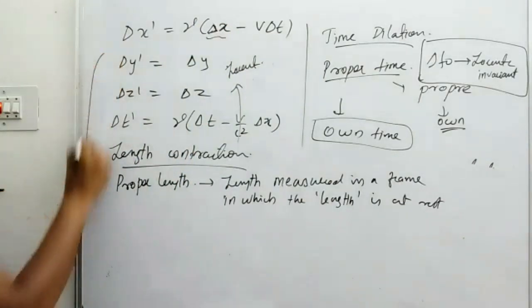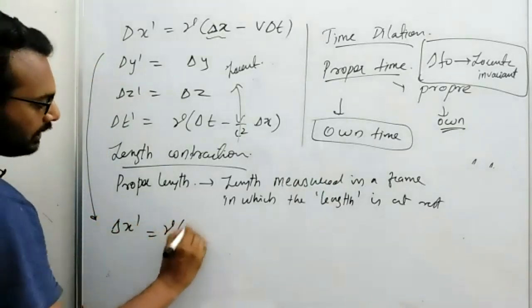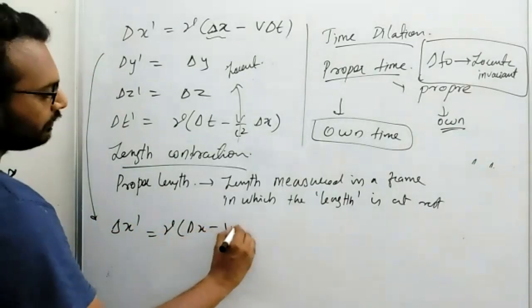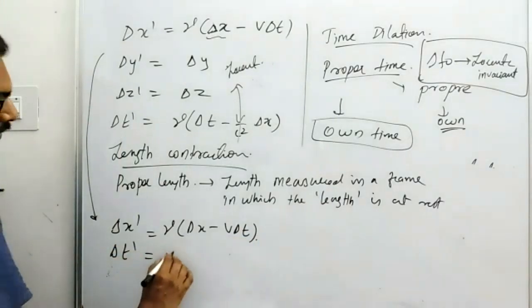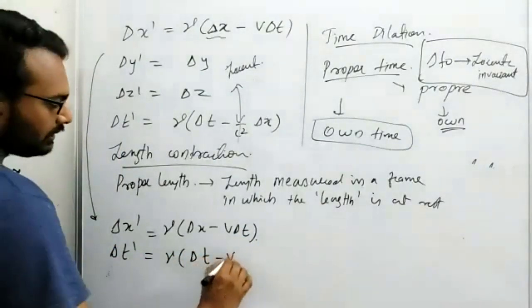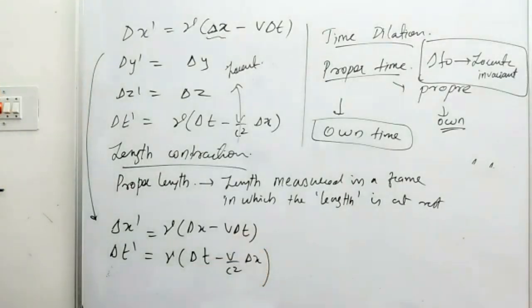Let's look at these equations. Delta x prime is equal to gamma times delta x minus v delta t, and also delta t prime is equal to gamma times delta t minus v by c square delta x.